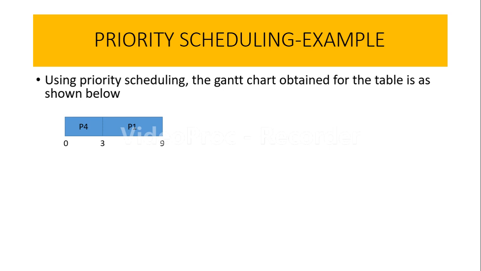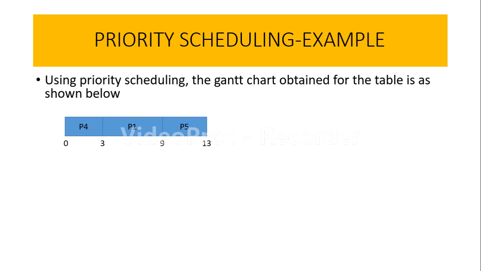Then the next priority is given to process P5, which is going to execute for 4 milliseconds. Starting from the 9th millisecond, P5 takes 4 milliseconds, so it completes its execution at the 13th millisecond.